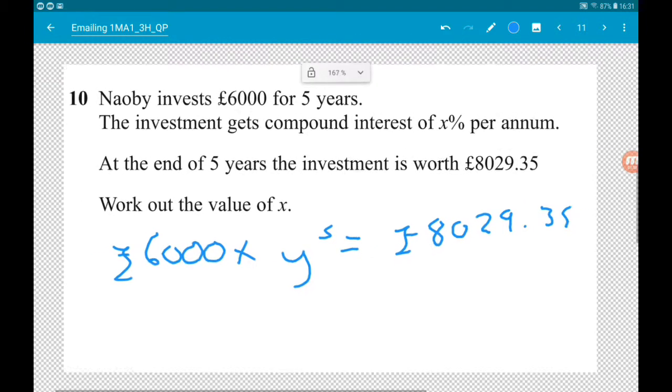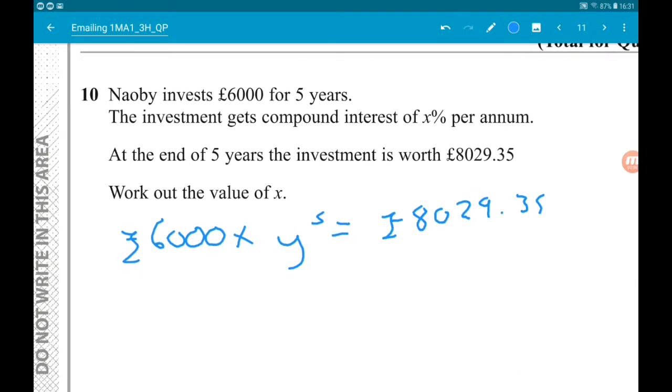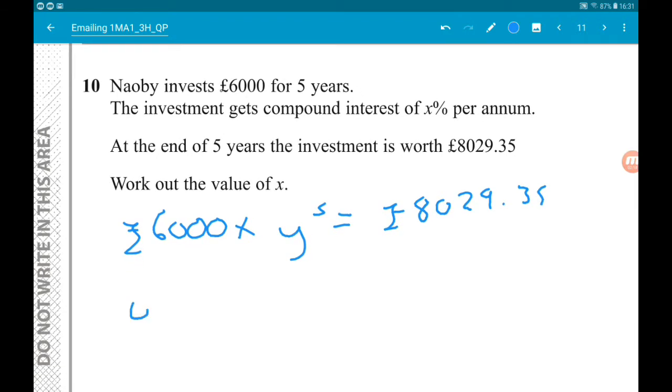Okay, so we're trying to find Y. When we know the multiplier, we can then get the percentage interest. So we have 6,000 times Y to the power 5. To move to 6,000, we divide by it. So we get Y to the power 5 is 8,029.35 divided by 6,000.